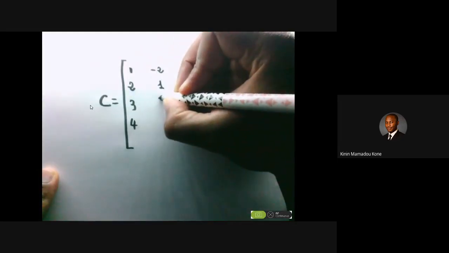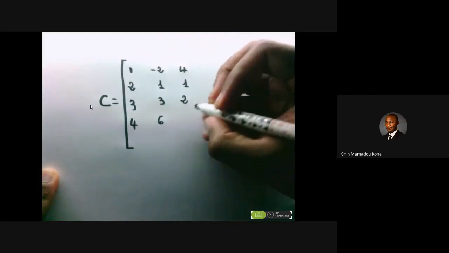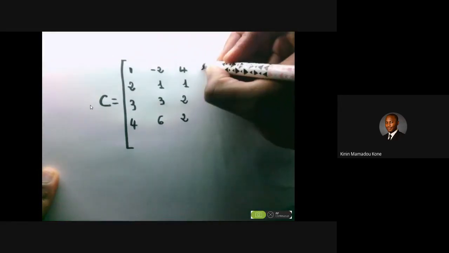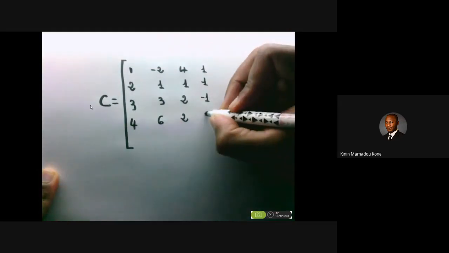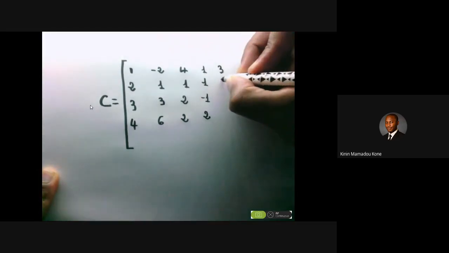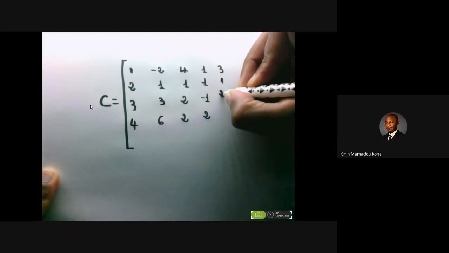Let's say you have a matrix C with entries 1, 2, 3, 4, then -2, 1, 3, 6, then 4, 1, 2, 2, then 1, 1, -1, 2, then 3, 1, 2, 4.